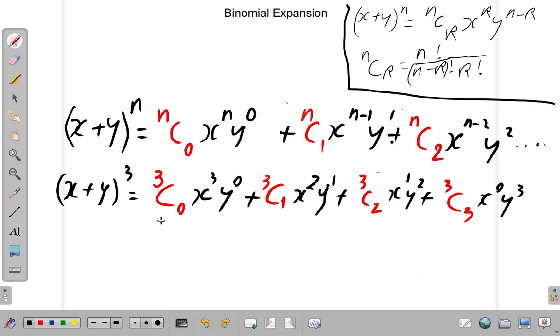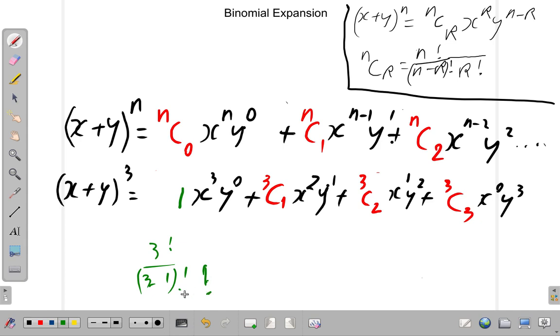Alright? Now, what is 3C0? 3C0 is going to be 1. Just from memory, it's going to be 1 when you work it out. So it's 1 times 3C1. 3C1 will be 3 factorial over 3 minus 1 factorial times 1 factorial.